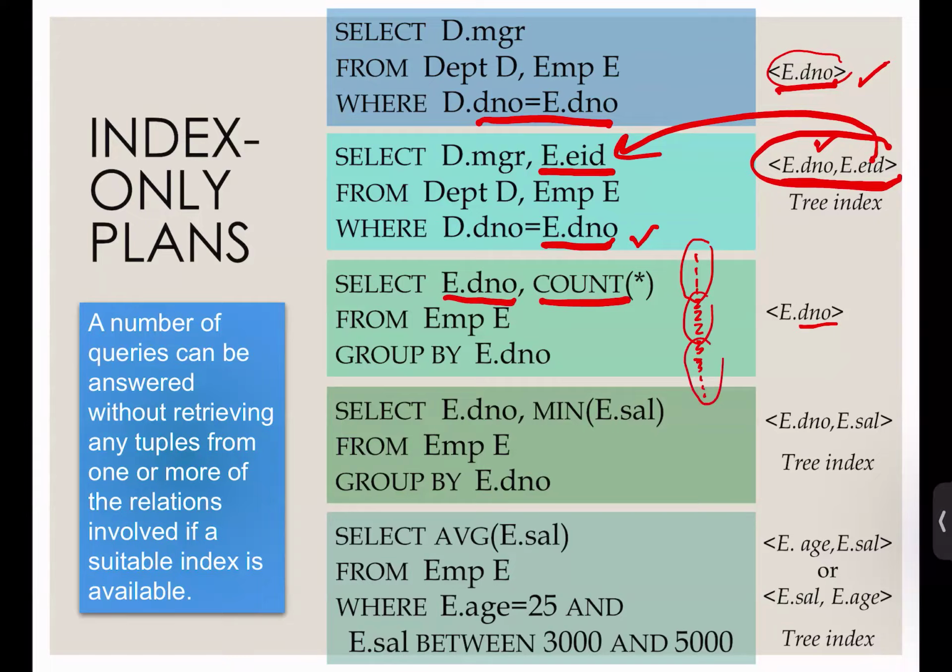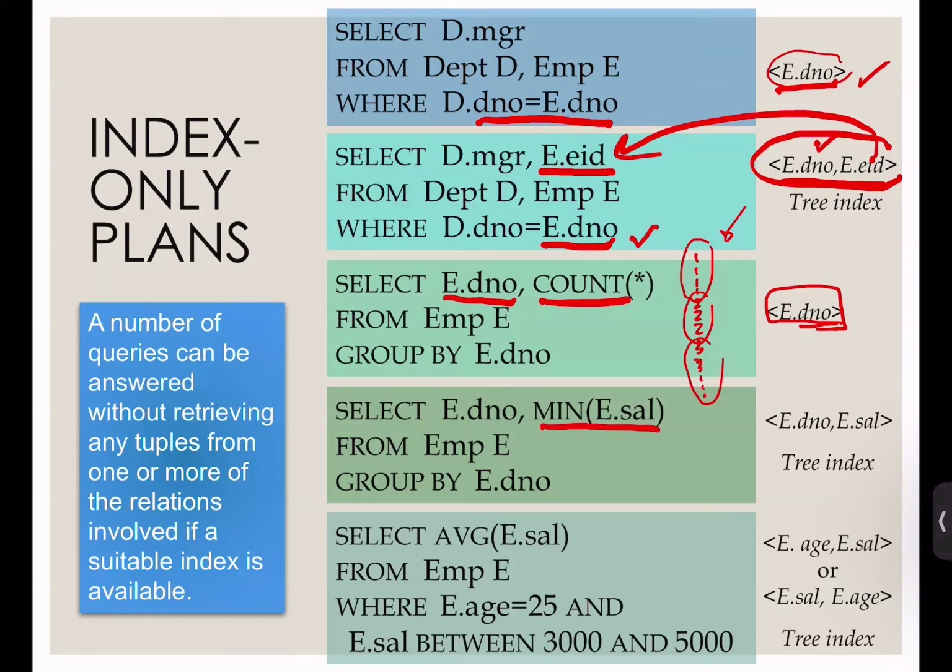We don't have to actually get to the actual data, because we just have to count how many. And this index will just be that: the department number for each employee. And if you just want to count, that's all it needs. So this is an index only approach.